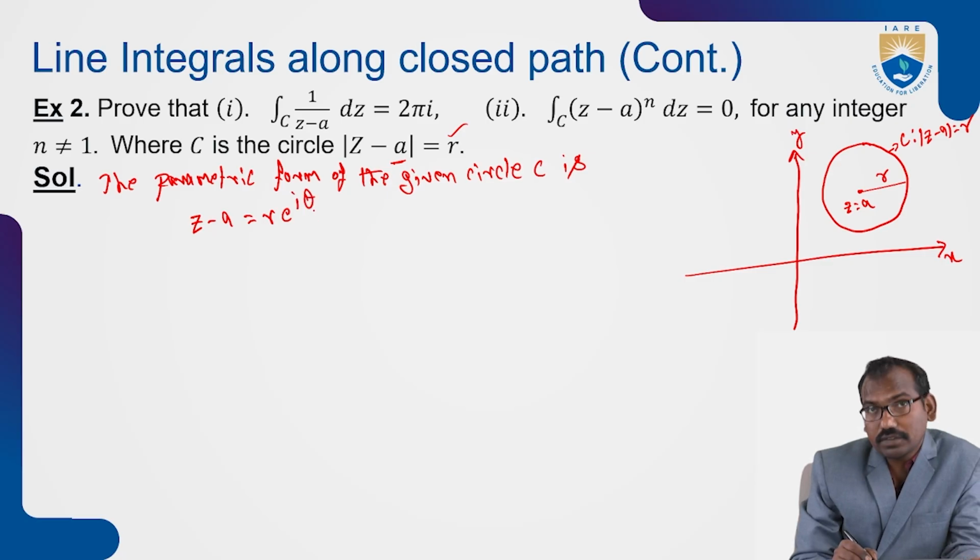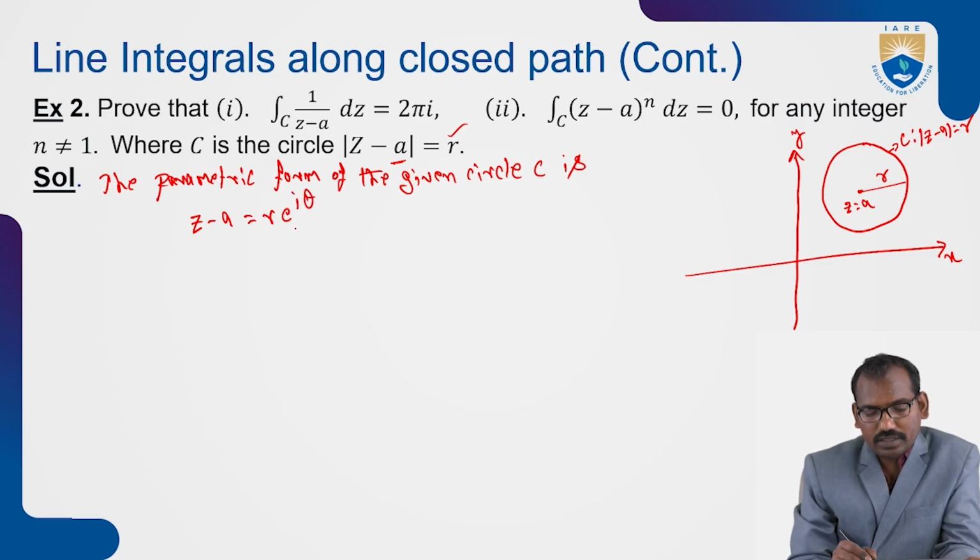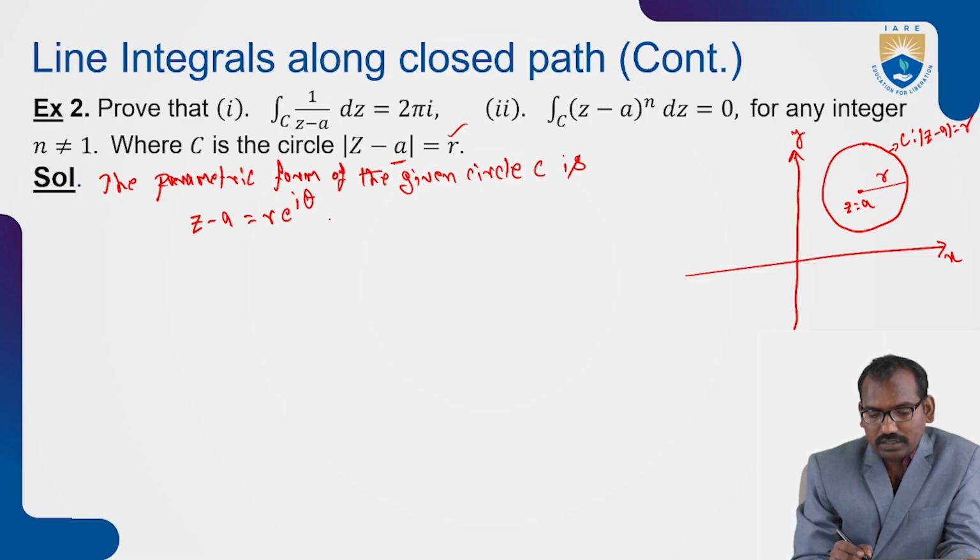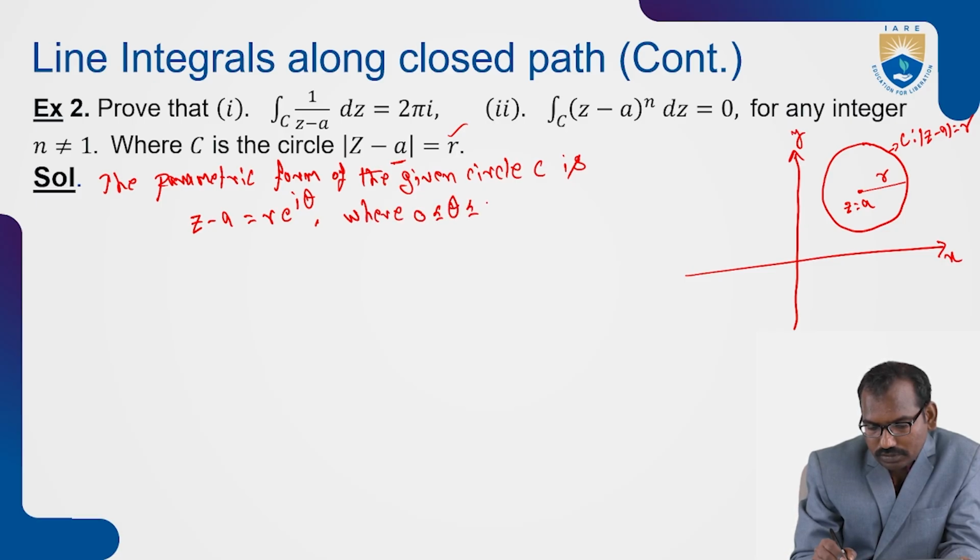Here the parameter is theta. The parameter variation on this curve is theta lies between 0 to 2 pi.